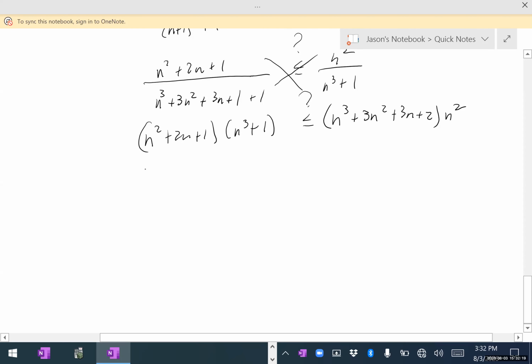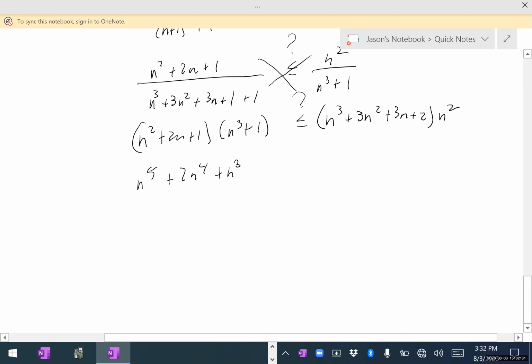And we're going to get n to the 5th plus, okay, what's the next one here? This is going to be 2n to the fourth, right? Plus n to the third. Okay, and then next is n squared plus 2n plus 1.